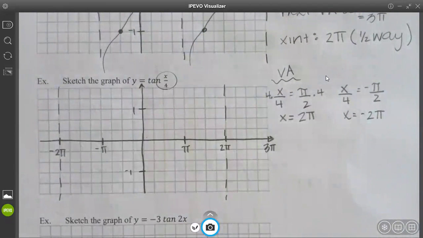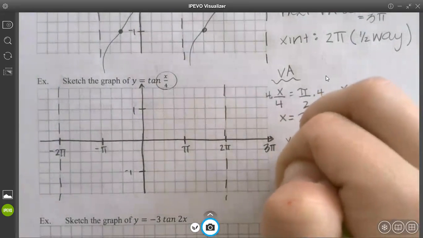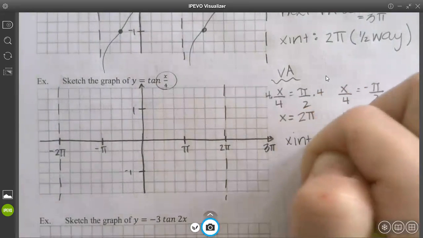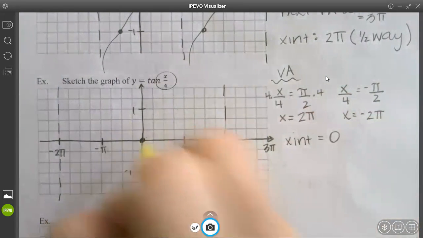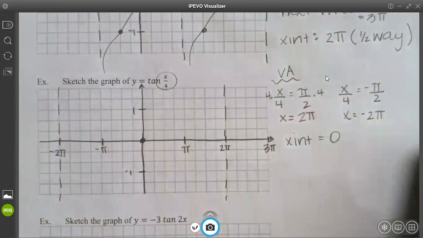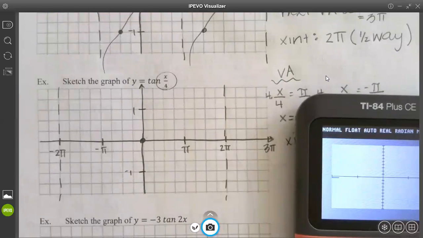Where's my x-intercept? Why? Because it's in between. Exactly between. And then I'm gonna find my coordinates for the rest of them. So instead of over 2, I'm doing over 4.